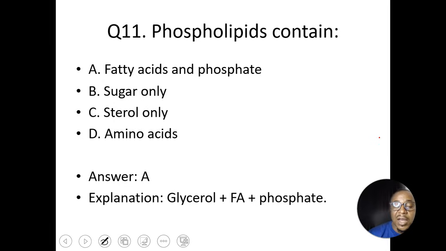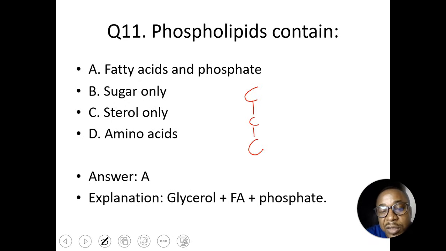Phospholipids contain fatty acids and phosphates. But now, the actual essence of phospholipids is not just fatty acid and phosphate. It is fatty acid esterified to a glycerol and also having a phosphate that is also esterified to the glycerol backbone. So we have phospholipid in this nature. 1, 2, 3 is a glycerol.